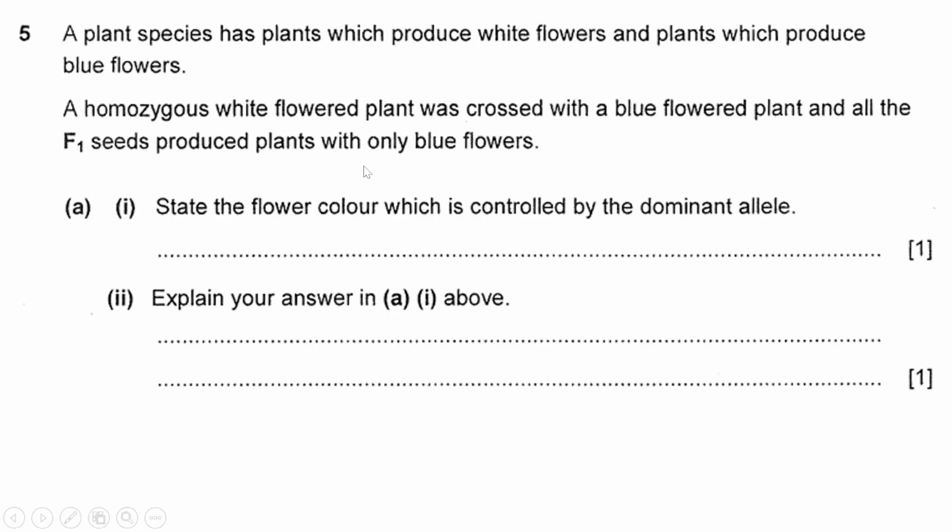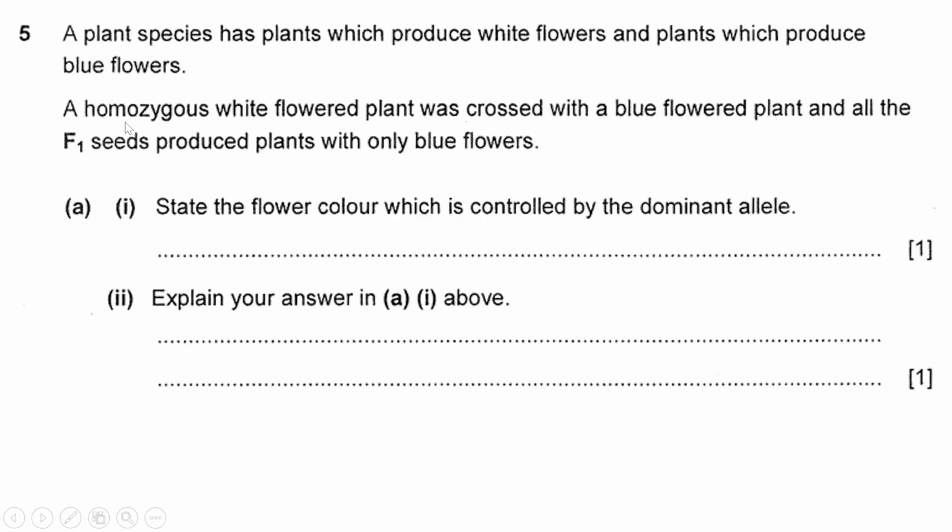What does that mean? When a plant is homozygous, for instance the white flowered plant we have been told about, it means that it has the same type of alleles. It has two alleles which are similar. If they are recessive, then both alleles in the white flowered plant are recessive.